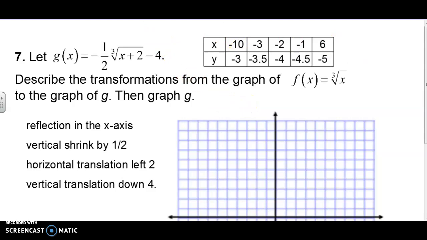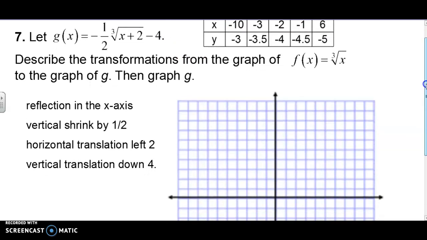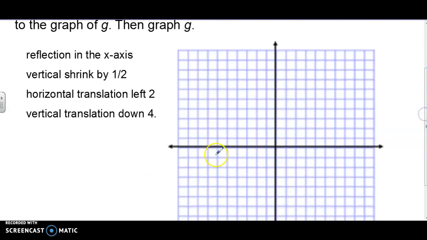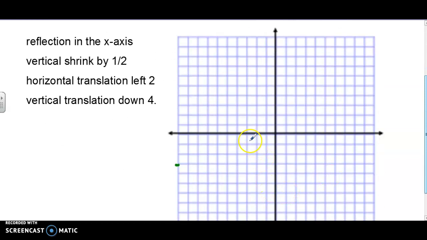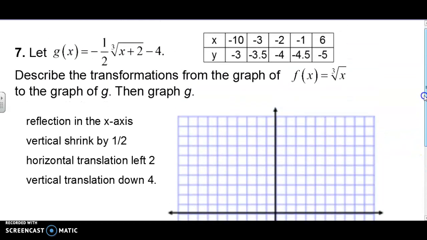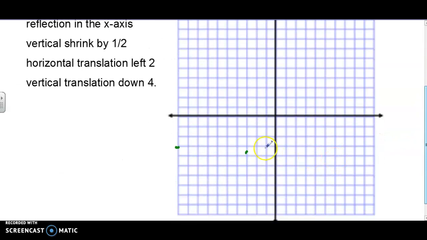So I will graph negative 10, negative 3. And then I have negative 3, negative 3.5. And then negative 2, negative 4.